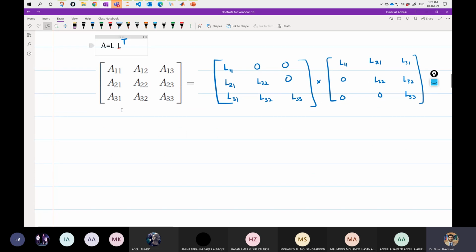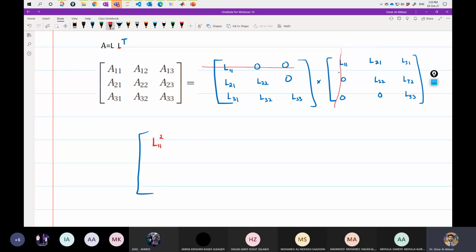All right, next. I assume now everybody knows how to multiply two matrices. Adel? Okay, what is the first element now? I need to find the first element. What should that be? L11 times L11. L11 squared, correct?